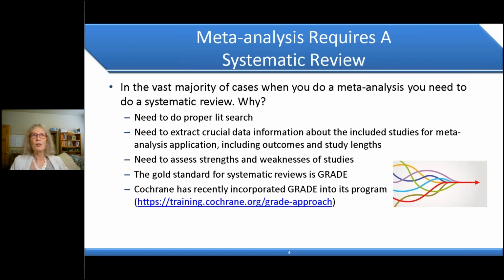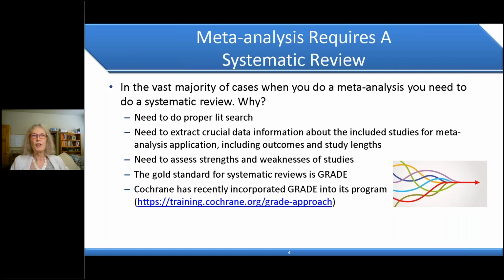So the first thing to understand is you almost never do meta-analysis by itself. Why? Well, there are a lot of different reasons. First of all, you have to do a proper literature search. You can't analyze studies unless you search for them.